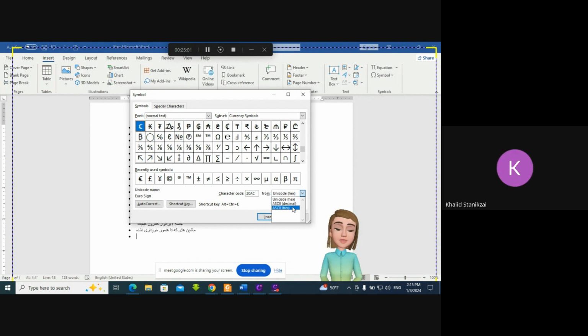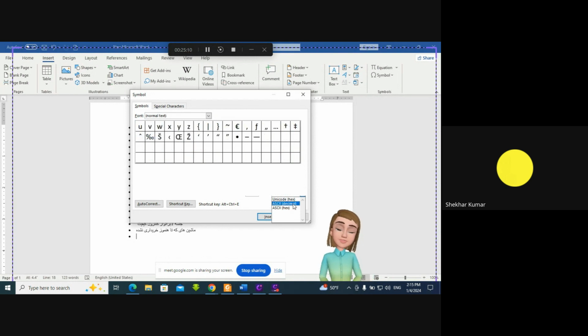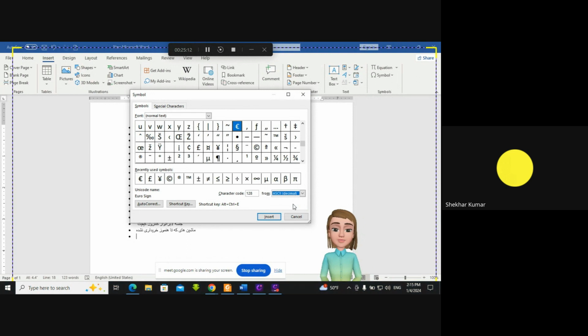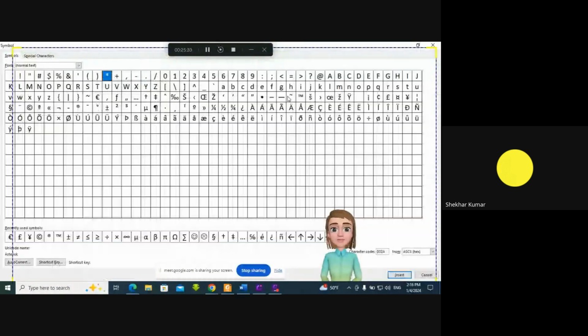In the Unicode, you can see a range of codes, a range of symbols. If you click on the second one, ASCII decimal, then there are limited symbols. Now you can check, at first, Unicode hex.